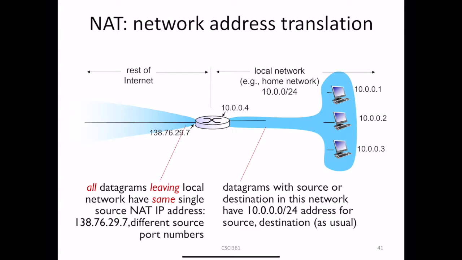Then let's see NAT. NAT is short for Network Address Translation. I'm not sure if you realize that each one of you at home only gets one IP address from your internet service provider, whether it's AT&T or MetroCast.